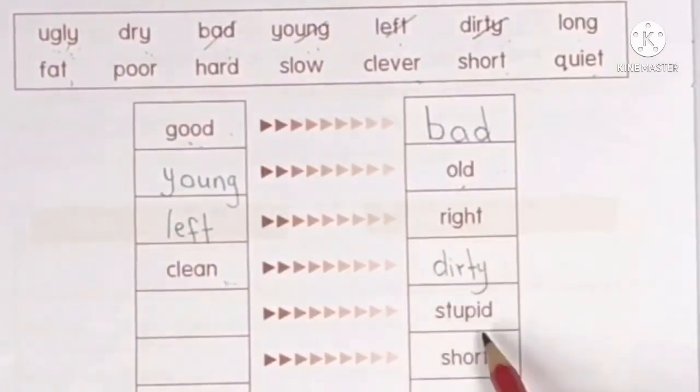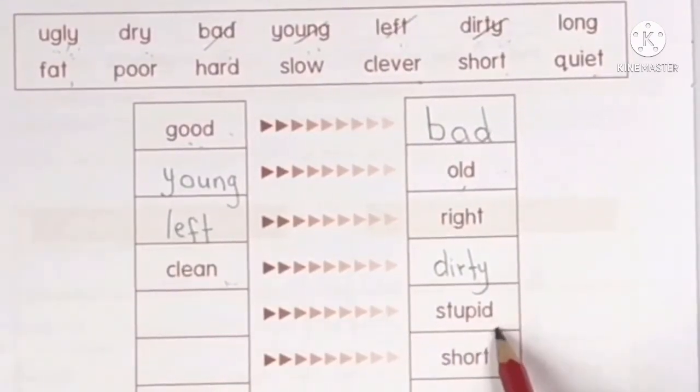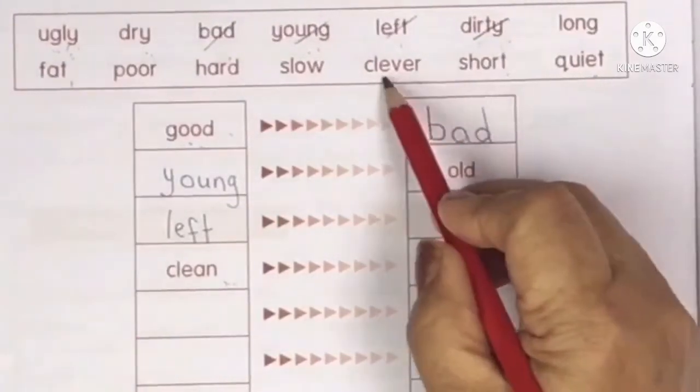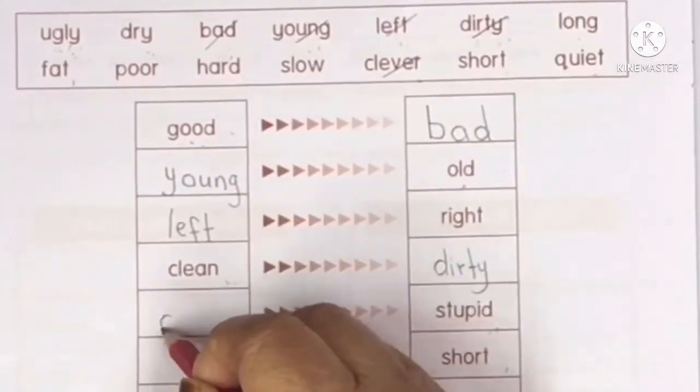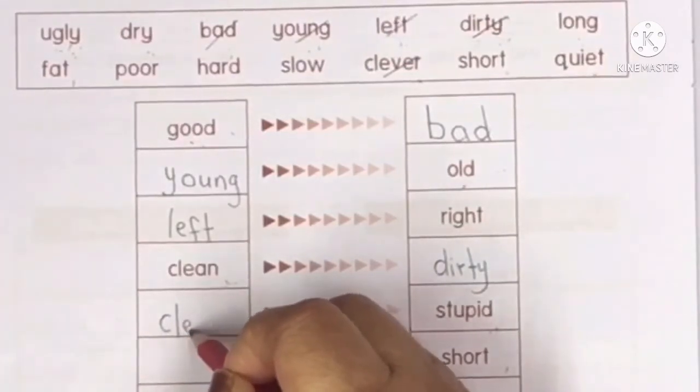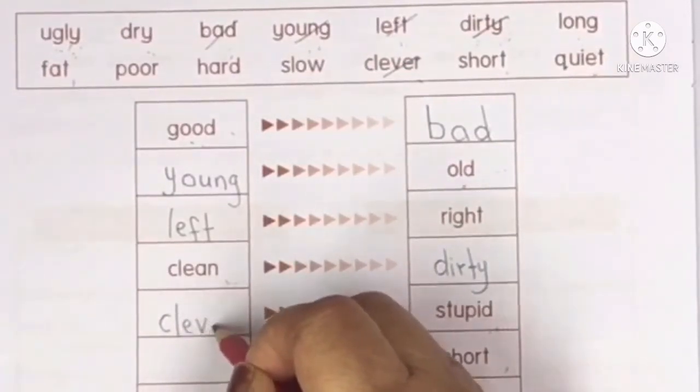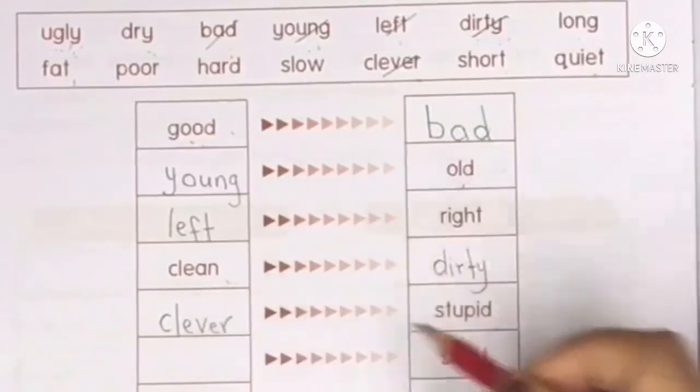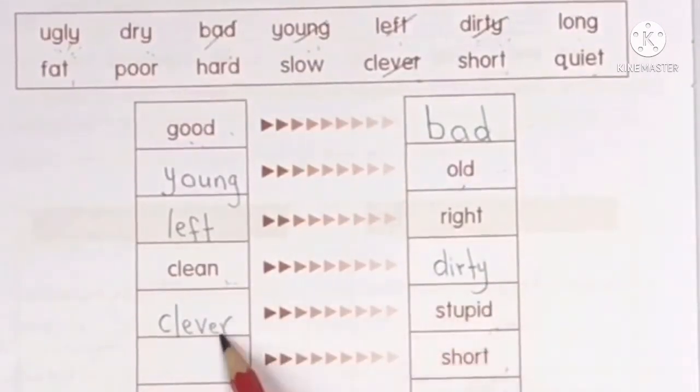The next word is stupid. So what is the opposite of stupid? Clever. We should never call anyone stupid. It is something that we have to know. Alright, stupid, clever.